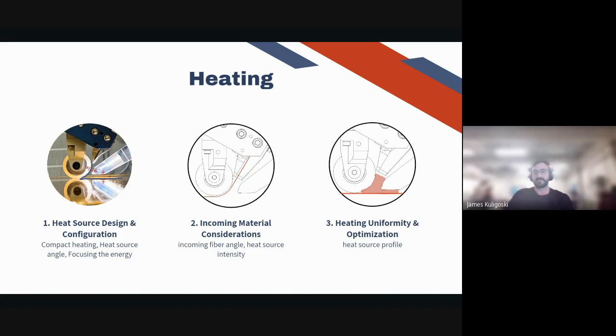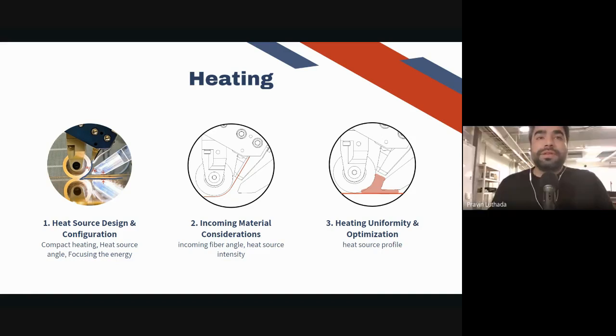Yeah, thanks. So just focusing of the energy, because as you can see, the exposed area of the incoming tape to the substrate is not usually equal. You have much more substrate usually exposed compared to the incoming tape, and this would vary depending on the system you're working with. So what you're looking for is getting the energy to the right place.